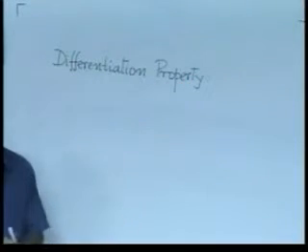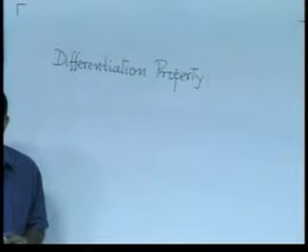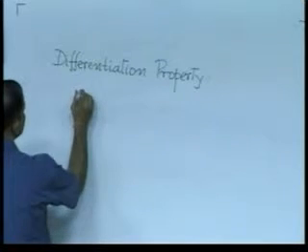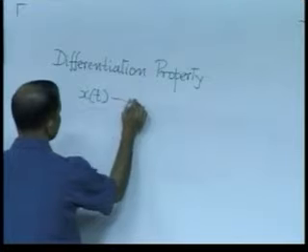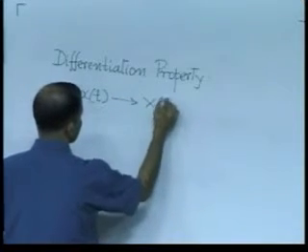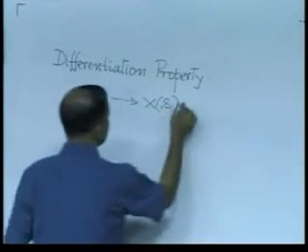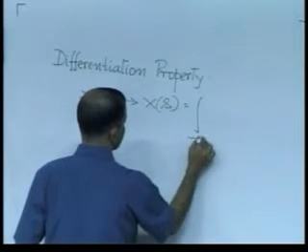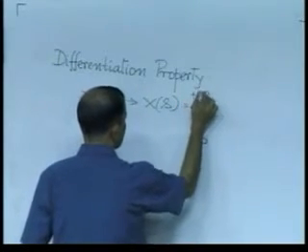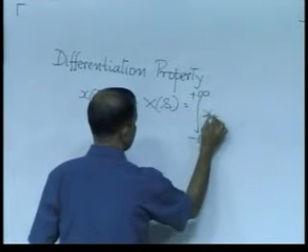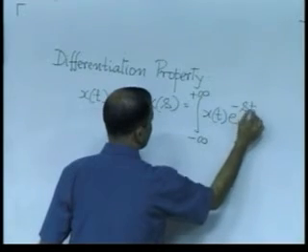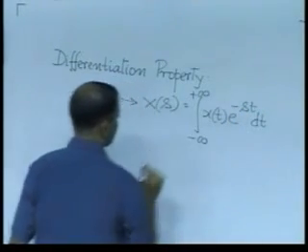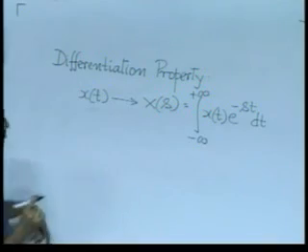In fact, this would be a generalization of the corresponding property for the Fourier transform. So let's assume that a certain x(t) has the Laplace transform capital X of s, which is therefore given by the integral from minus infinity to plus infinity of x(t) e raised to the power minus st dt, with a certain ROC.